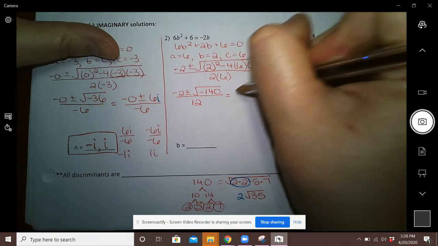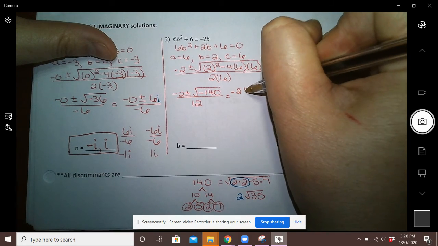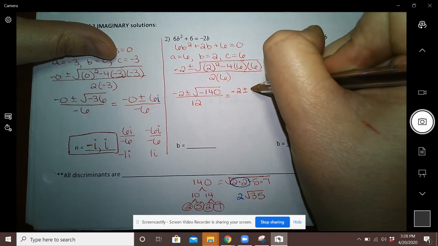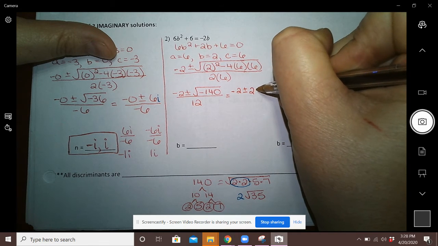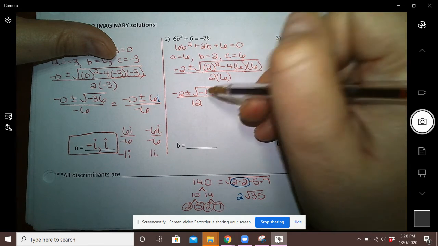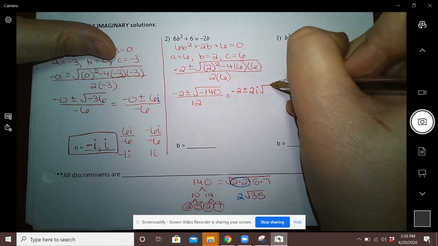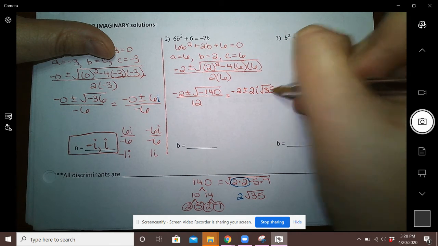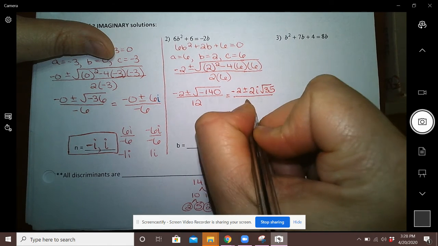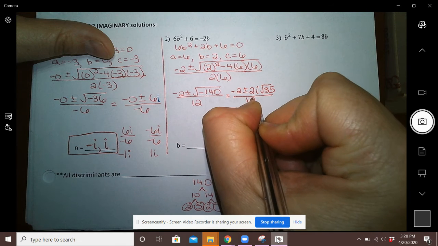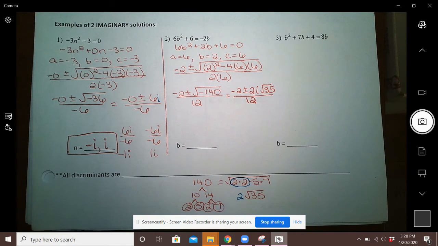So let's simplify. That negative 2 didn't change. I've got 2 on the outside and an i on the outside to take care of the negative, and then 35 on the inside, all over 12. We're almost done. This is a toughie.